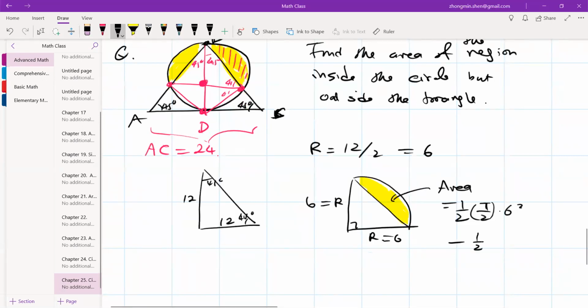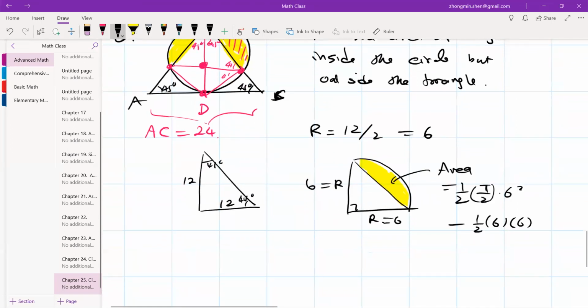Area of triangle, half of 6 times 6. That's it. So that will be 9 pi minus 18. If you multiply by 2, you get the total area of these two pieces.